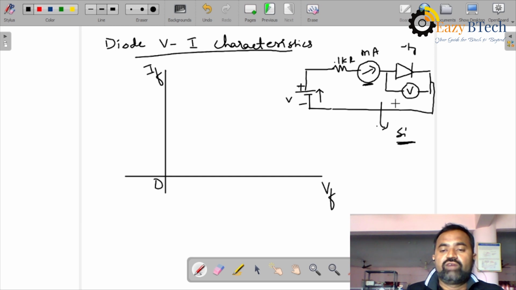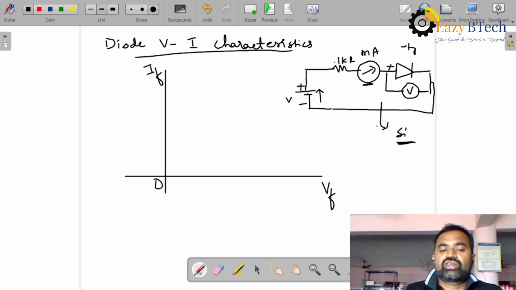Now if you want to plot, you can draw a voltage ampere characteristics. By using this RPS, if you increase this voltage, what happens? I told you, biasing. Positive is connected to the P-type element, that is anode. The diode is conducted in forward bias.